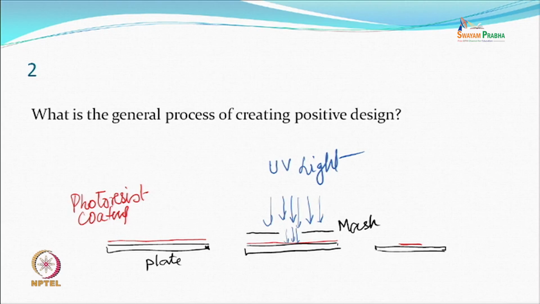For example, if this is a plate for offset printing and you have a photoresist coating which has been put on the plate, and then you put a mask. So, this is a mask, which could be a tracing paper or whatever, so light cannot come from some areas and the light can come from some areas. Wherever the light comes, that portion is going to be hardened.